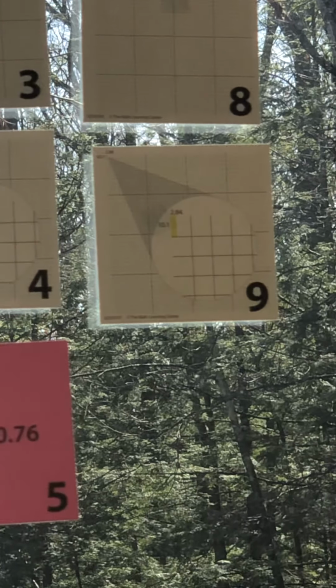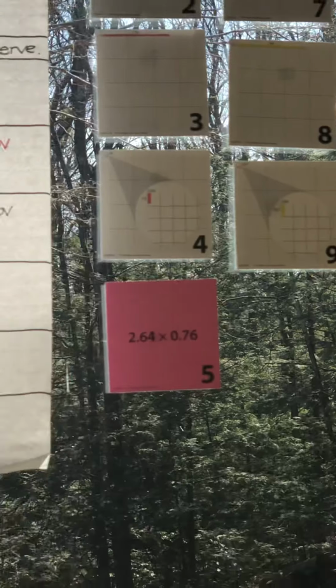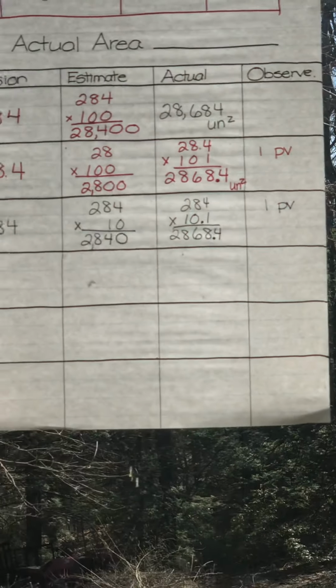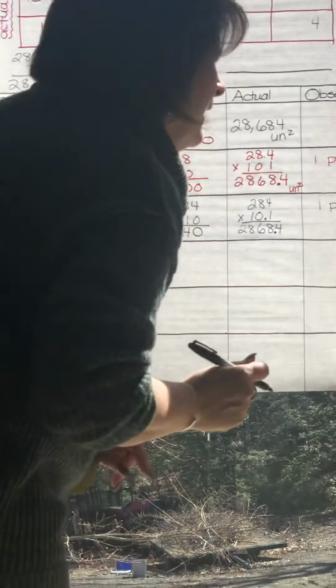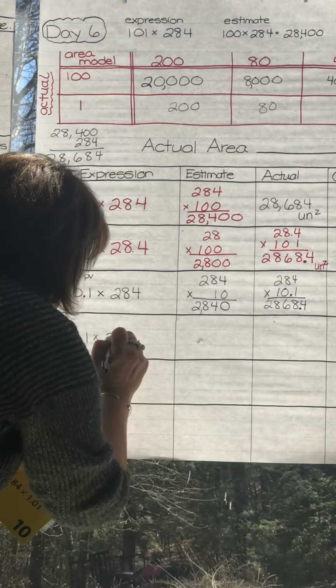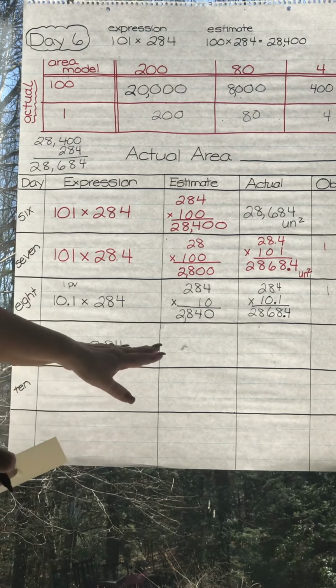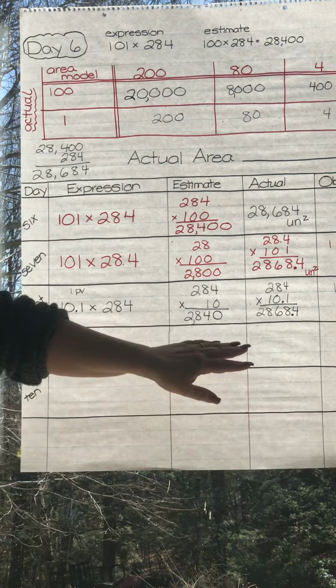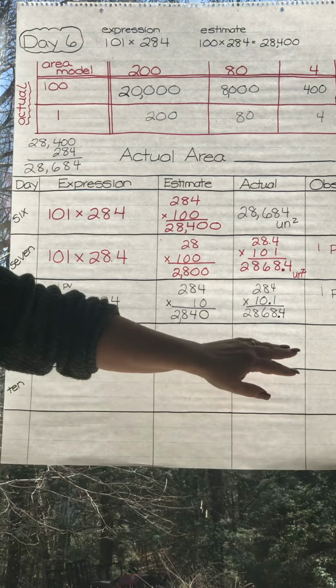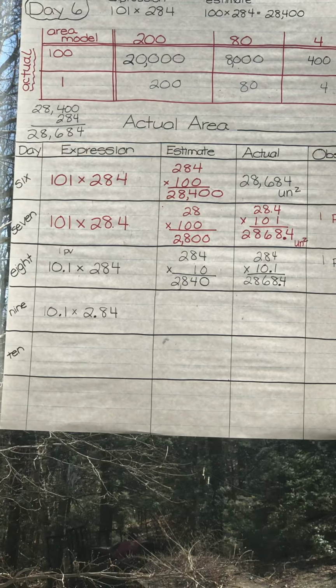The vertical dimension is again 10 and 1/10. And the horizontal dimension is 2 and 84/100ths. So I'm looking for an estimate, an actual, and how many place values you needed to adjust your final answer.